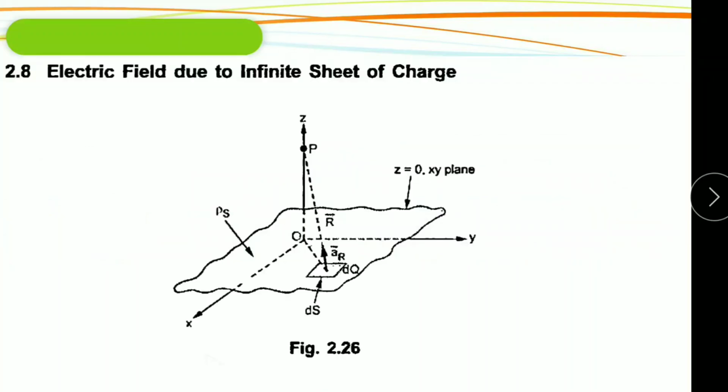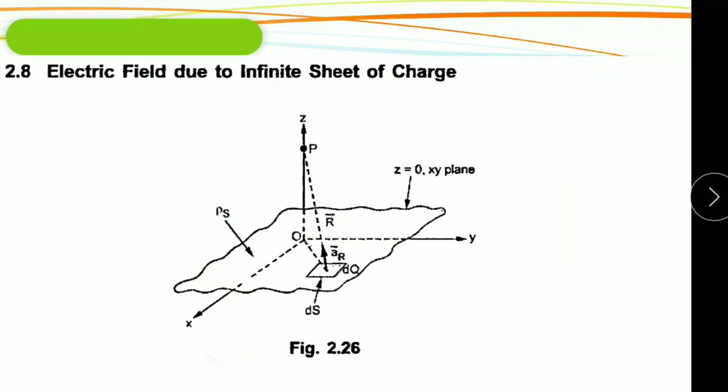And the next concept is electric field intensity due to an infinite sheet of charge. Here it is a sheet of charge along the xy plane, that means the z component is equal to 0.